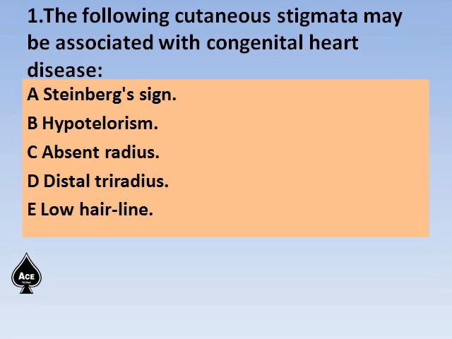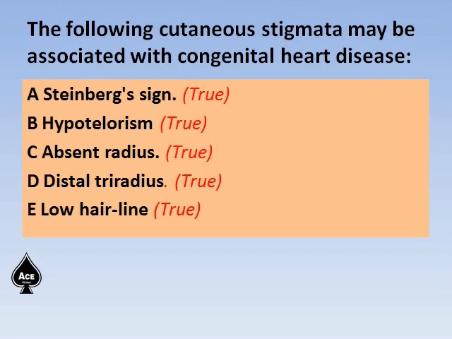So state which are false and which are true. Please write down and then only go forward. You can use the freeze button to stop the video now, and then use the play button once you answer the question completely. Okay, that's the answer.